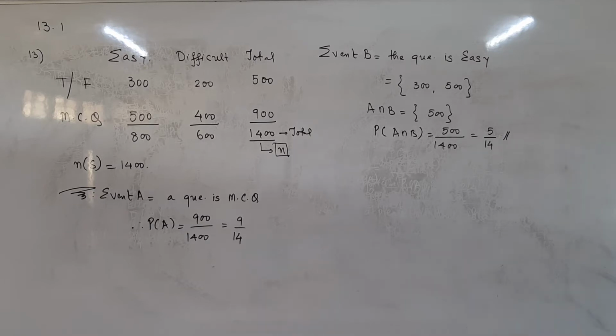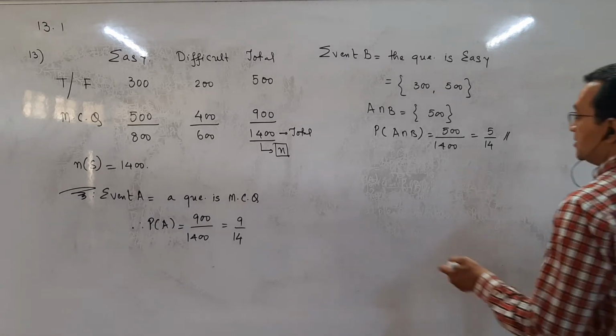So this we have to perfectly understand and memorize. How many easy questions were there? Then 300 true or false and MCQ 500. So total easy questions were 800, but easy MCQs were only 500.